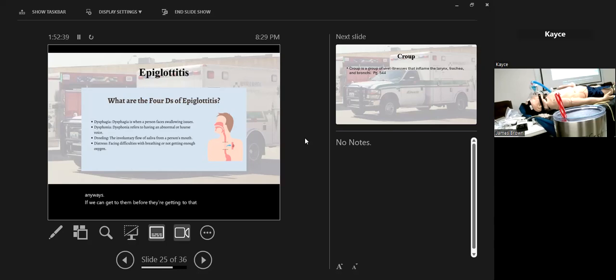And something like that, would you consider not transporting them on their backs? I would have them sitting up, semi-Fowler's, position of comfort, like we talked about last week, where they're able to breathe best.